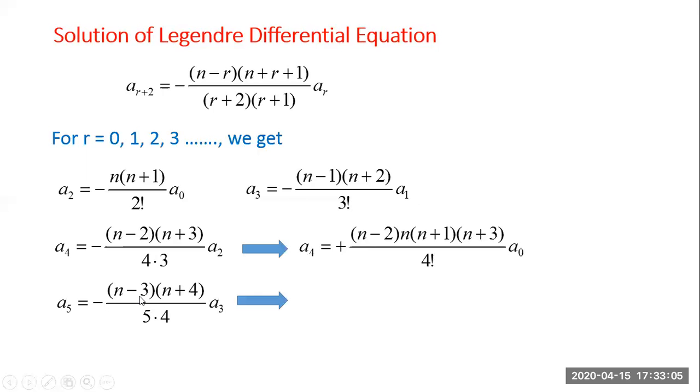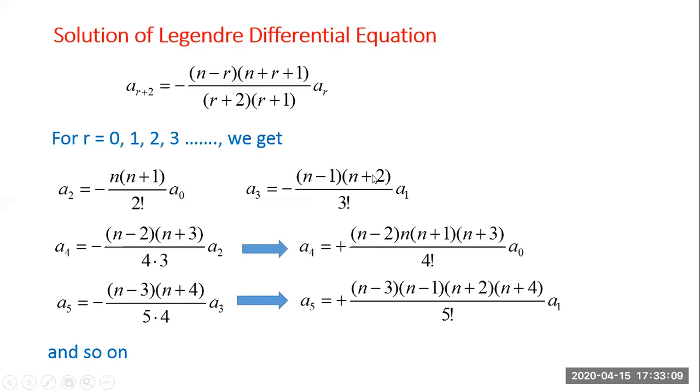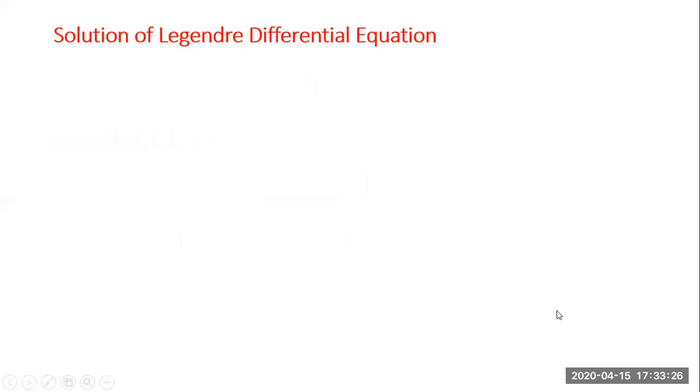The numerator, we get n minus 3, n minus 1, n plus 2, and n plus 4. So n minus 3, n minus 1, n plus 2, n plus 4. 5 into 4 into 3 factorial becomes 5 factorial into a1. In the same manner, find a6, a7, and so on.